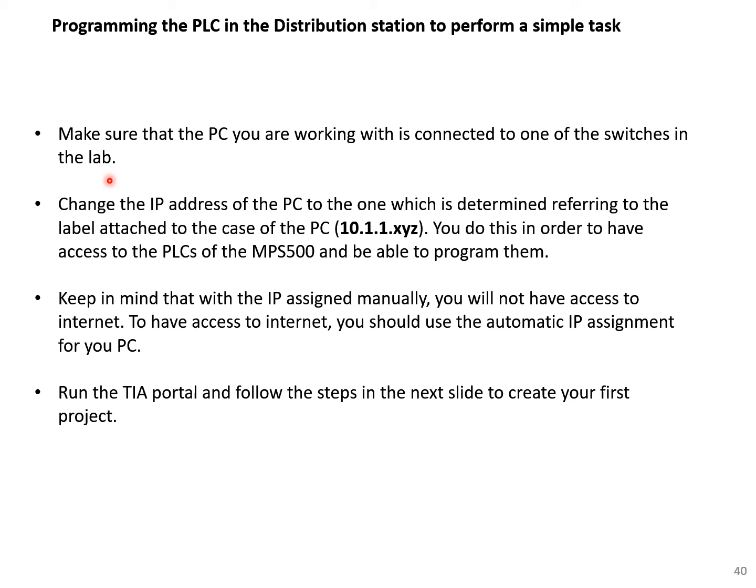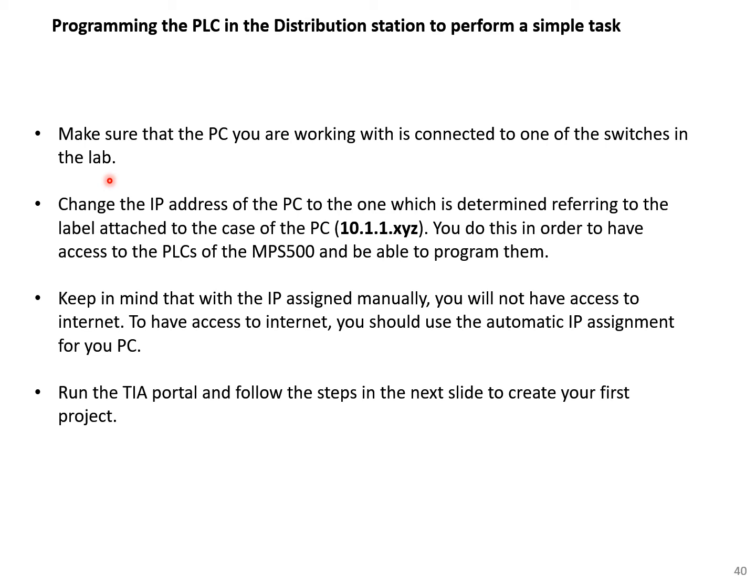Change the IP address of the PC to the one which is determined, referring to the label attached to the case of the PC. So you should always set the address of the PC to match with the address of the PLC.